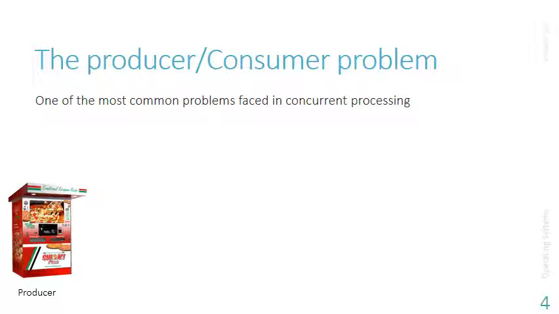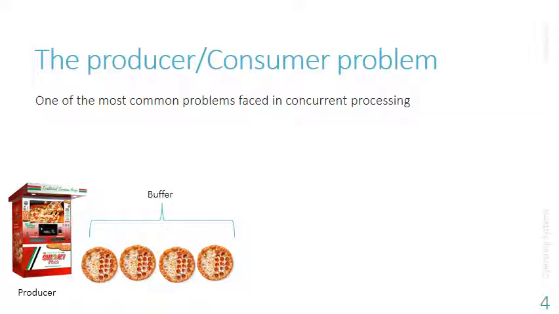In the face-to-face lecture, we tried to imagine the scenario, and the best way to illustrate it is using an analogy. So we have a pizza machine here. We're gonna call it the producer, and then it will deliver pizzas each and every time. We're gonna put some money in it, and we can see that the pizzas are aligned on a table, and we're gonna call the table a buffer, and then at the other end, if we have the producer, we should have the consumer.